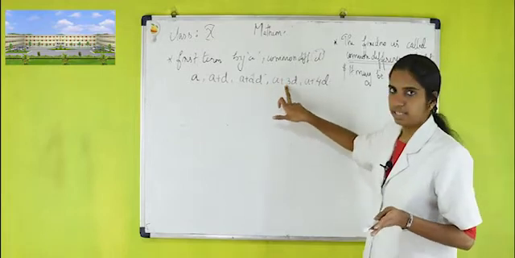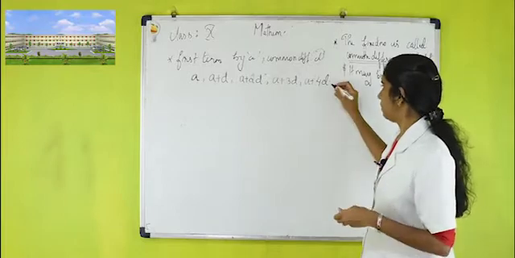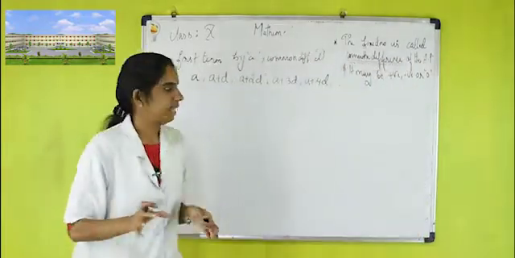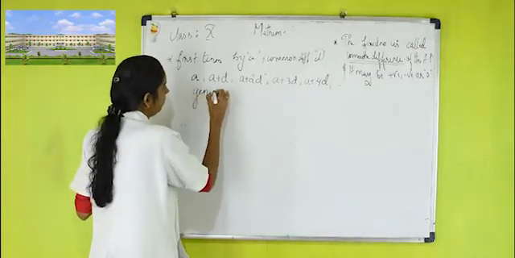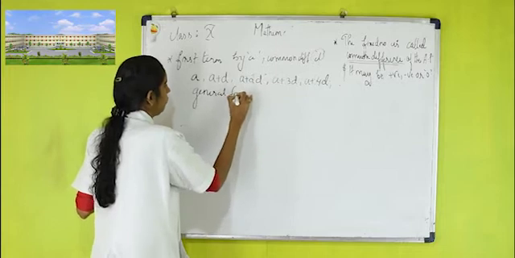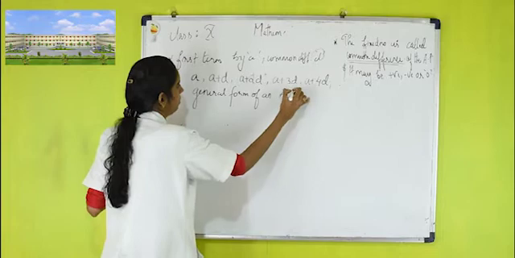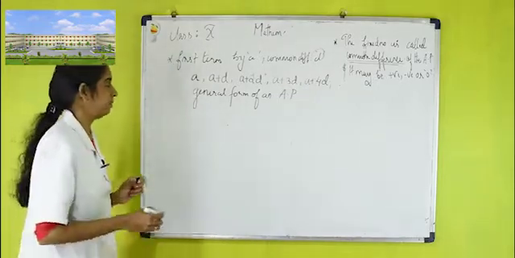Next A plus 3D, and next A plus 4D, like that. Okay. When the first term is A and the common difference is D, this is the general form of an arithmetic progression.